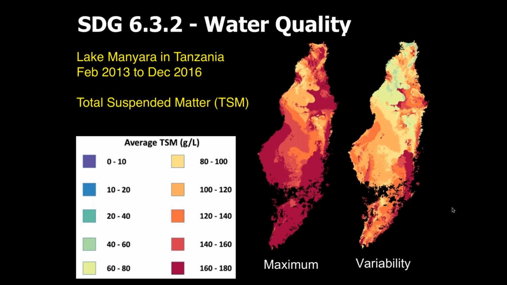It's just a power law that is a proxy total. The reason I say it's a proxy is that many scientists will argue that the actual number here, whether this is 140, 80, 140 grams per liter of sediment, it's very difficult to know exactly what that is unless you do calibration and validation of that data locally in this lake to understand how the sediment load varies according to what the satellite is seeing.